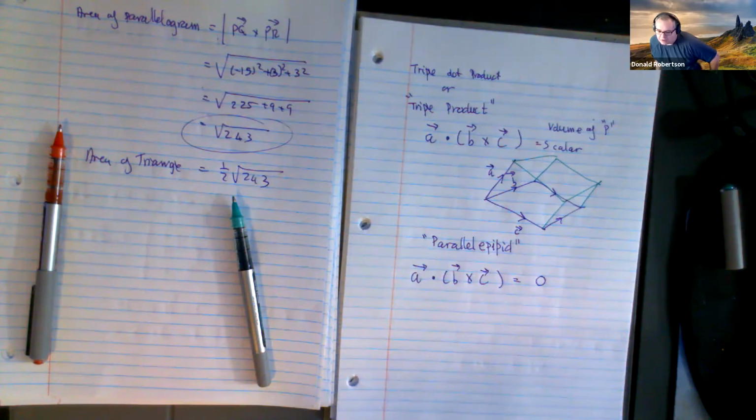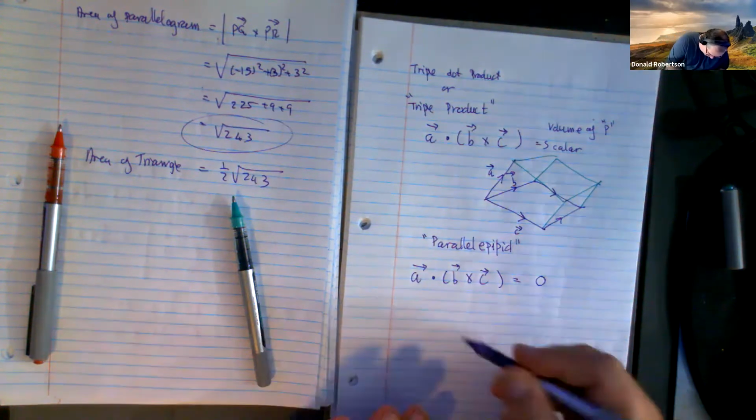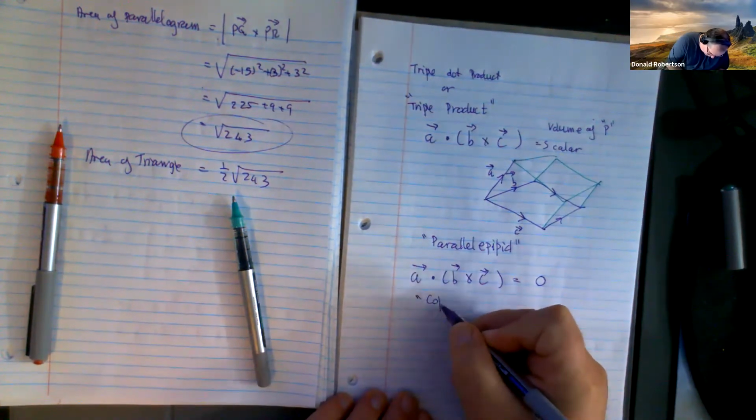What do you think is happening when 3 vectors have a triple product of 0? That they're only on a 2-dimensional plane, so it's not thick. And we call that coplanar.